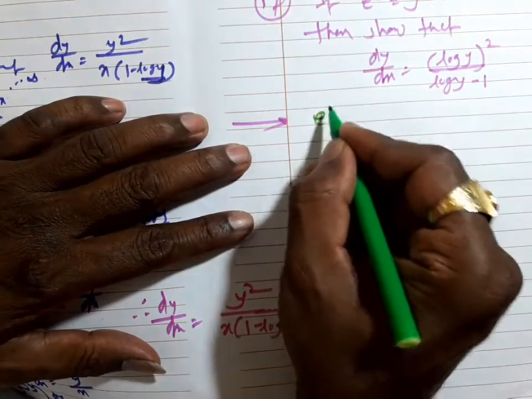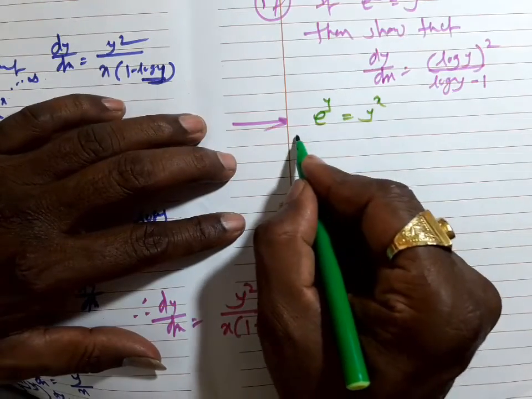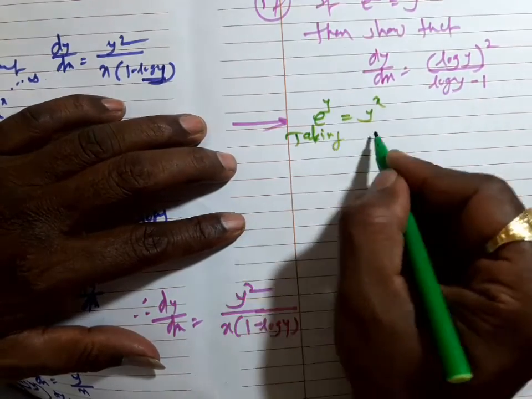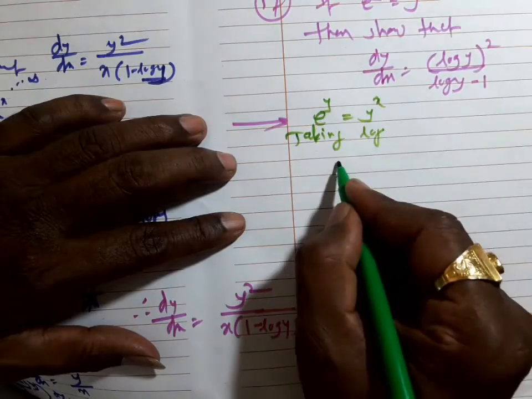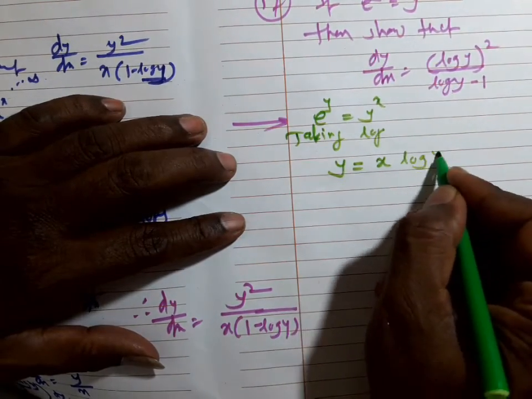Given e raised to y is equal to y raised to x, so obviously we have to use log on both sides. Taking log, it will be y is equal to x log y.